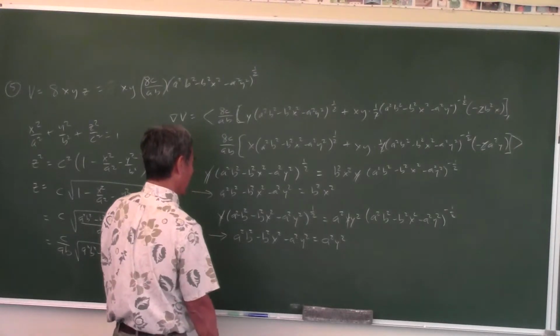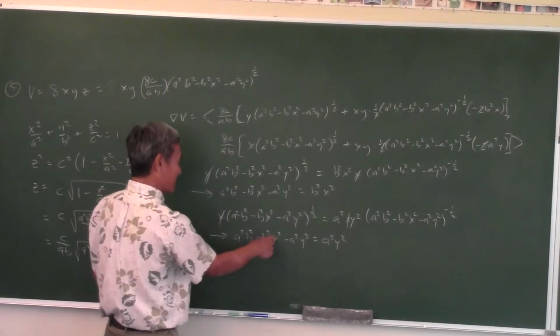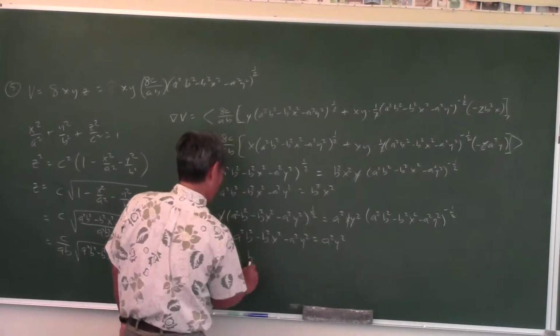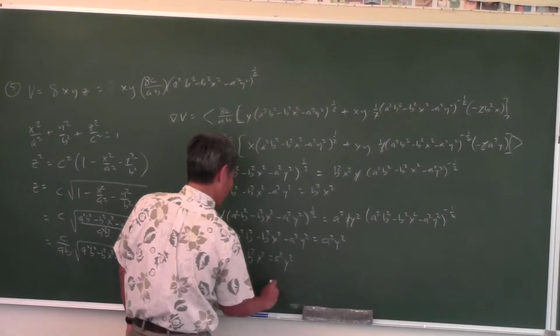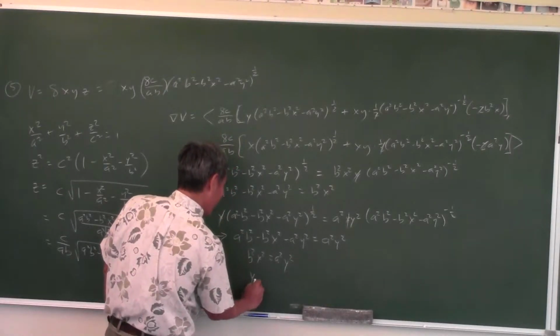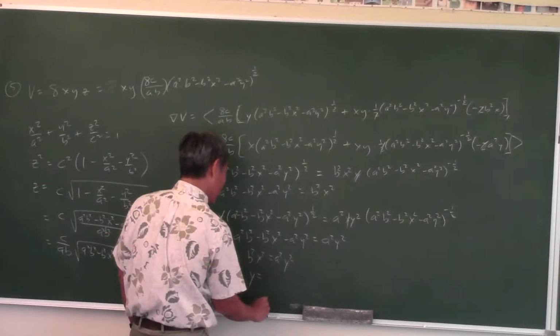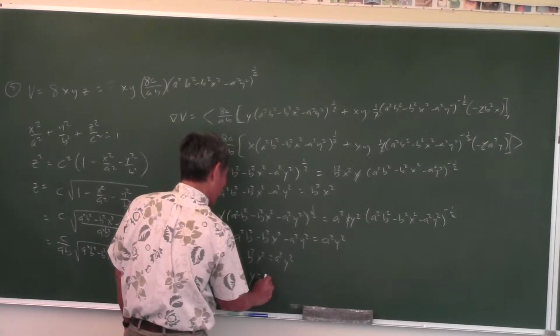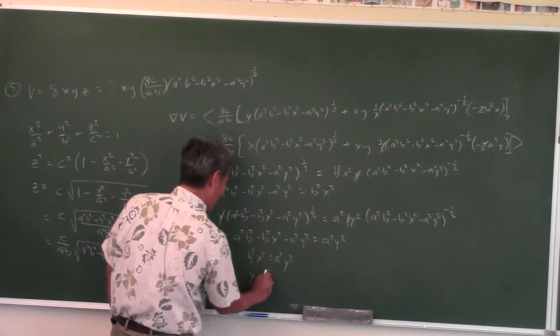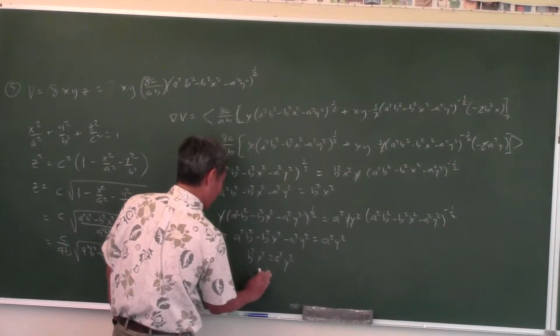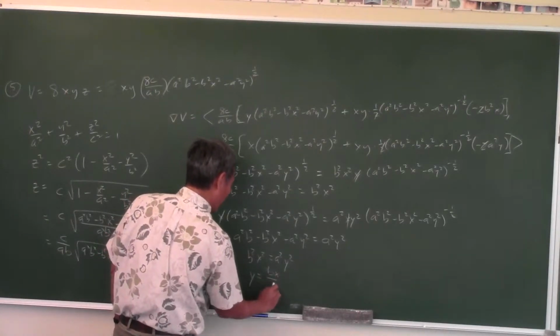It's not the same thing. Yeah, so since this is equal to this, therefore this has to equal that. So if b squared x squared is equal to a squared y squared, then wouldn't y be equal to plus or minus, but if we assume the first octant or whatever, no, that's not right, bx over a.